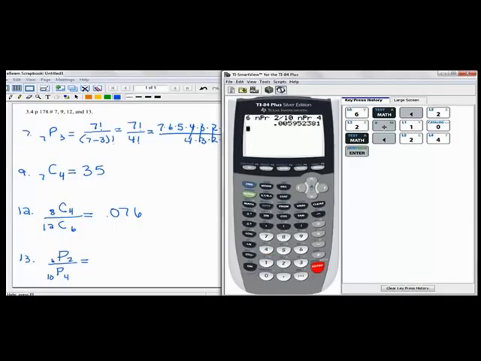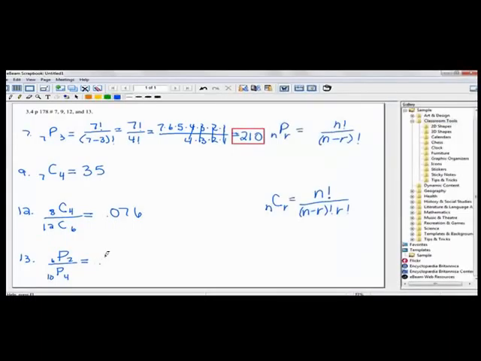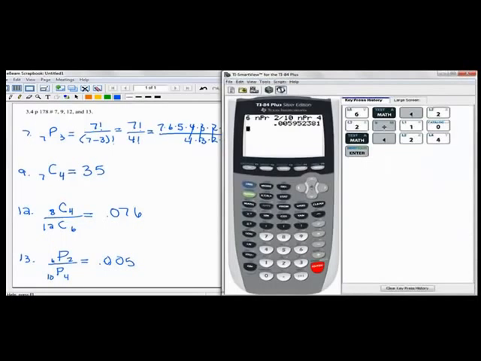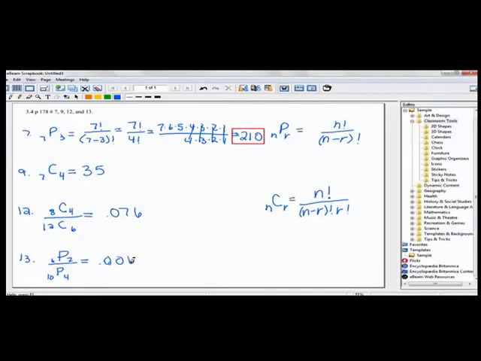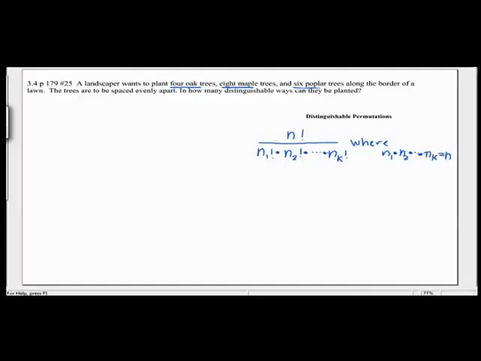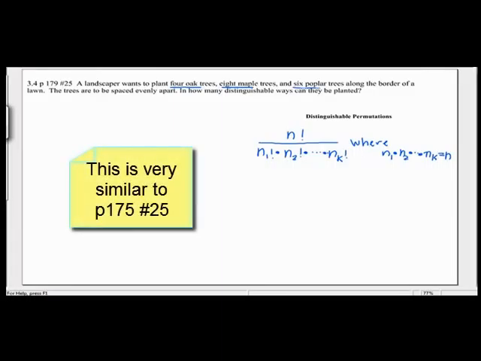So that'll give us 0.005. Rounded to 3 decimals correctly would be 0.006. The permutation and combination are quite different in answer, and the formulas look the same, and you can try those formulas out too.